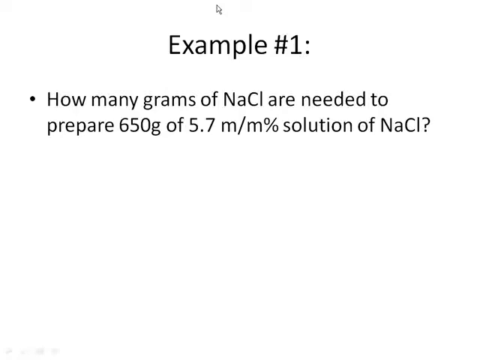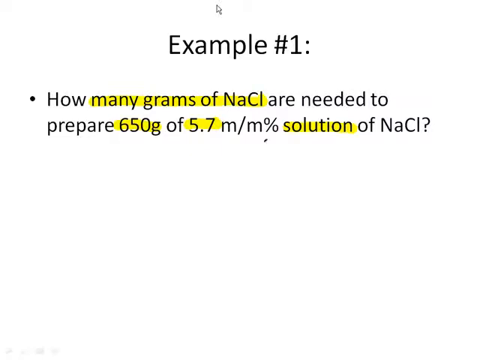So it says, how many grams of NaCl? That's really saying, how many grams of solute? I know this as well because it tells me I have 650 grams of solution, and it also tells me what the percent concentration is. So in this example, I'm being asked to solve for solute.